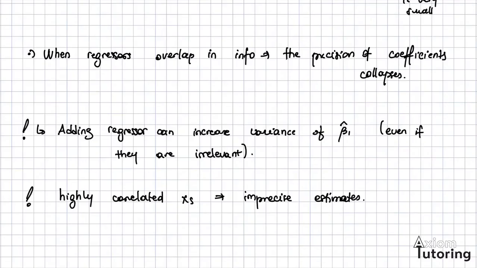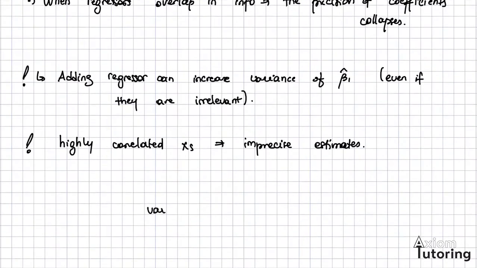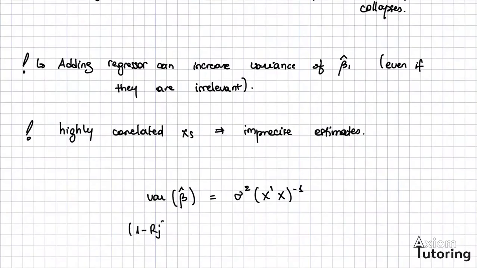Now, if you are wondering, what about the matrix formula for this variance? Keep in mind, I mentioned that when we do the variance of beta hat for the matrix formula, we don't add here 1, 2, or 3 because we're literally estimating the entire vector of the betas. So we're doing the same thing for the variance of the betas. It's still going to be sigma square times X prime X inverse, because this 1 minus Rj square element is actually hidden in the diagonal.